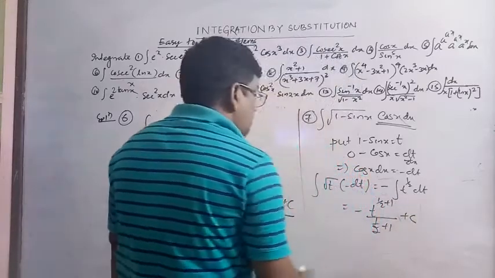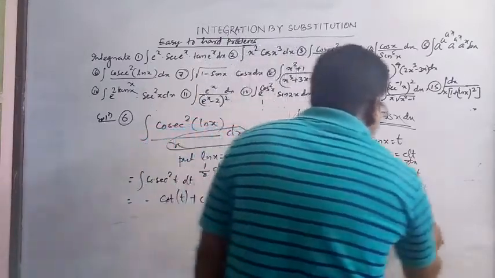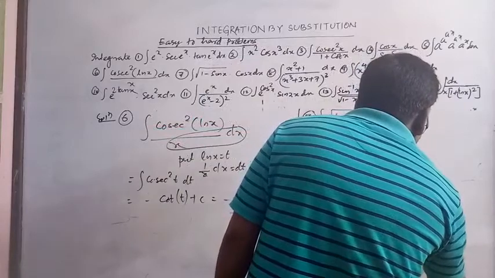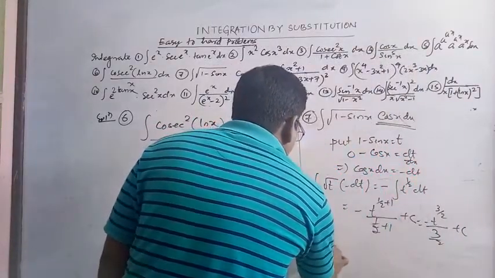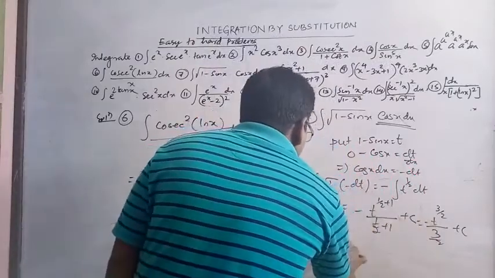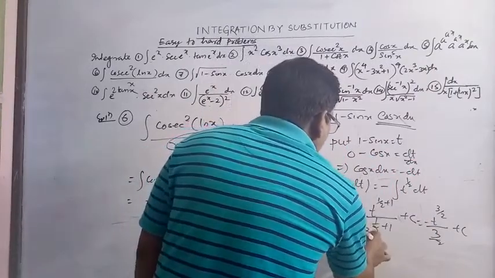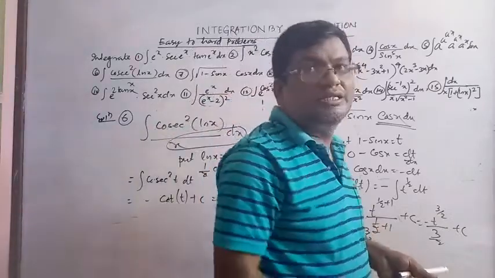So this is minus t to the power 3 by 2 by 3 by 2 plus c, which is equal to minus 2 by 3, where t means 1 minus sin x, so 1 minus sin x to the power 3 by 2 plus c. This is the answer of question number 7.